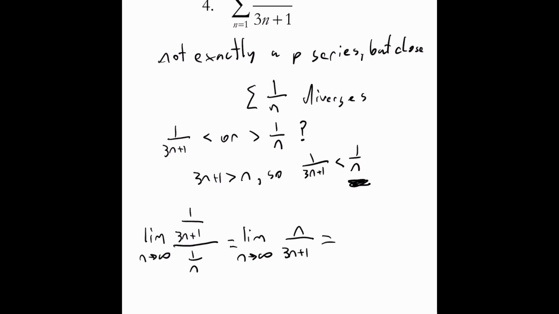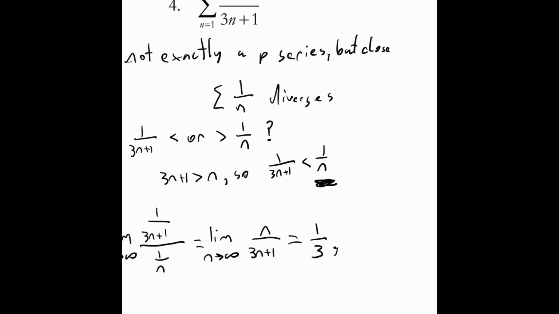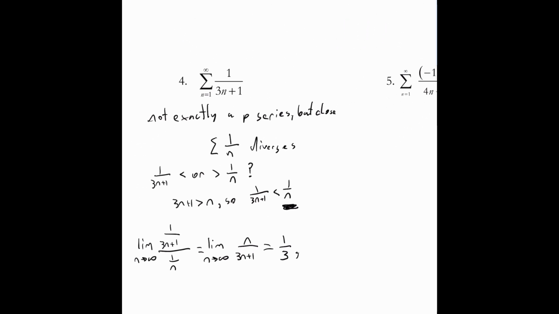And if we want to use L'Hopital to take derivatives and whatnot, we can or not, but we see that that will be 1/3. So what does it mean if our limit gives us a finite number? That means that they converge or diverge the same.